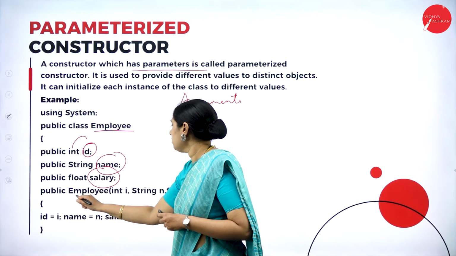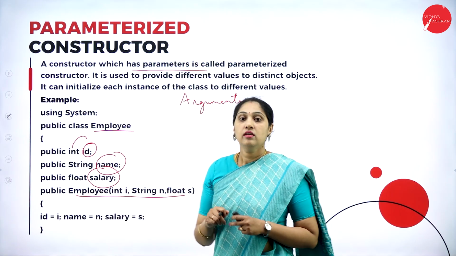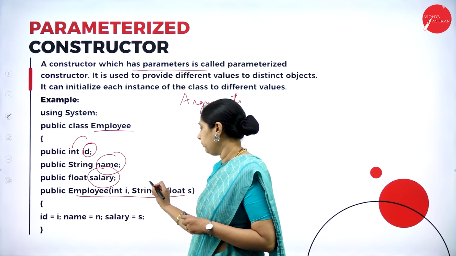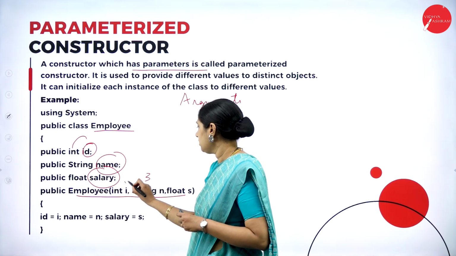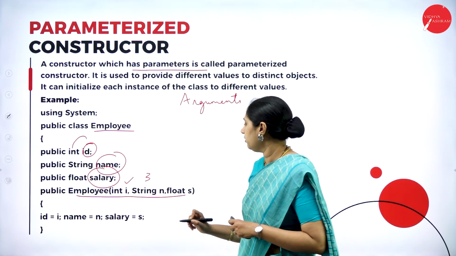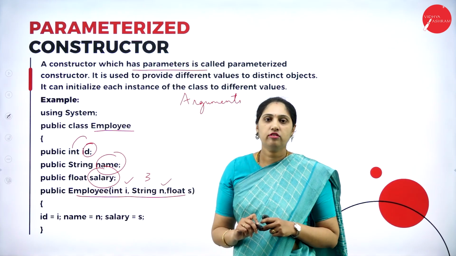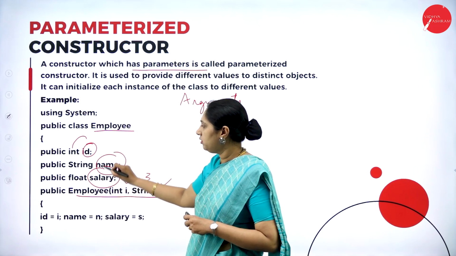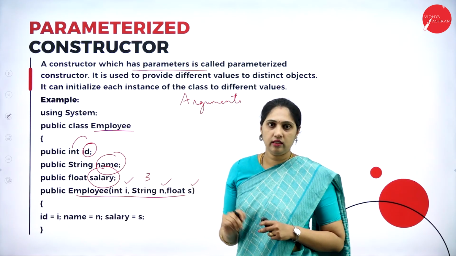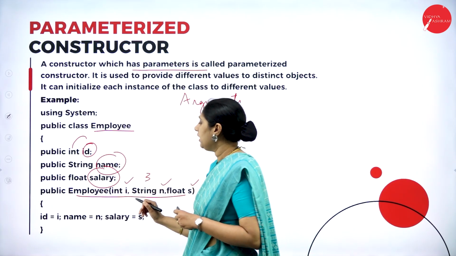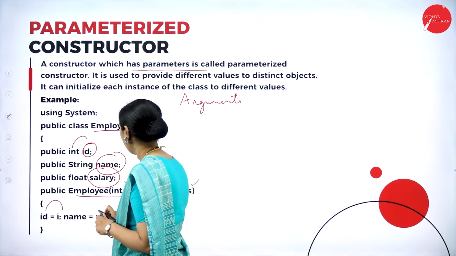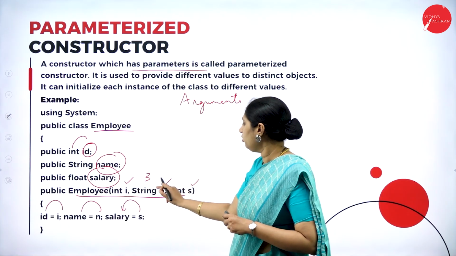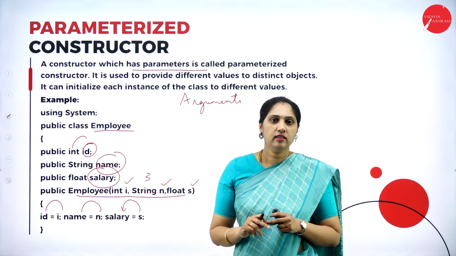Then we are going to call the parameterized constructor. We have 3 parameters. One is I, of type integer, N, of type string, then S, float. See, it should match all the 3 data types. Then we'll assign I to ID, N to name, and S to salary. So whatever you pass will be assigned to that data member.